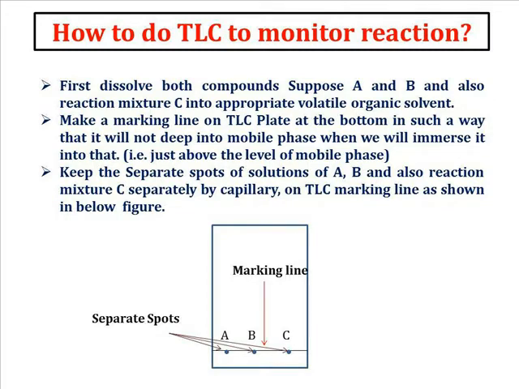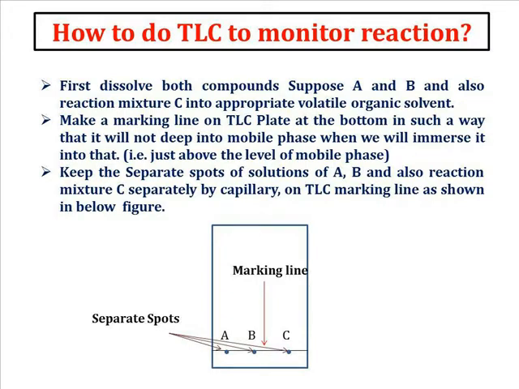Apply the first reactant on the first spot, A, by use of a capillary, the same for B, and the same for the reaction mass. Then immerse that TLC plate into the mobile phase.